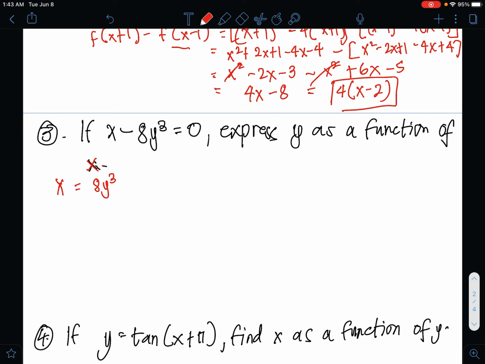Express na nato siya in terms of x. So, divide nato siya both sides by 8. Okay. Para ang mabilin is, wala na ni. Ay, sorry. Wala na siya. So, ang mabilin is y cubed equals x.